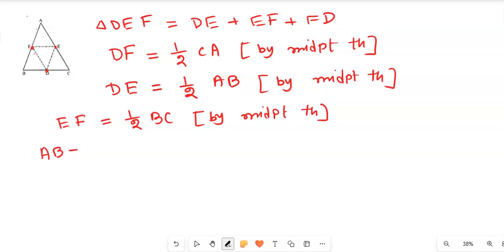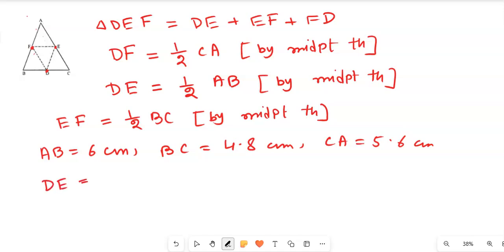Given that AB equal to 6 cm, BC equal to 4.8 cm and CA equal to 5.6 cm. Therefore, DE equal to 3 cm, EF equal to 2.4 cm and DF equal to 2.8 cm.